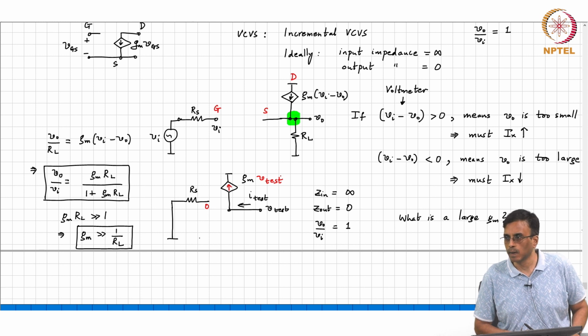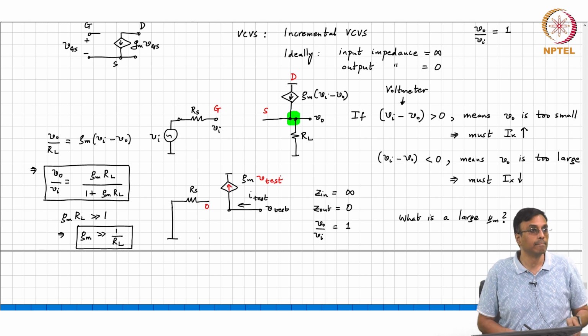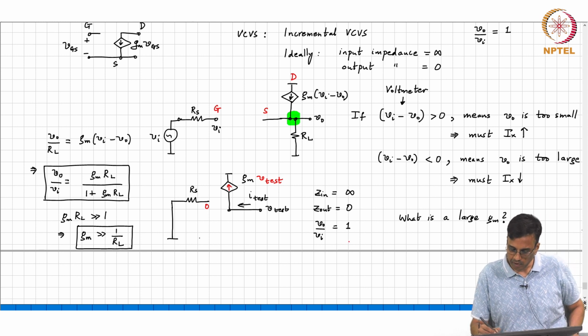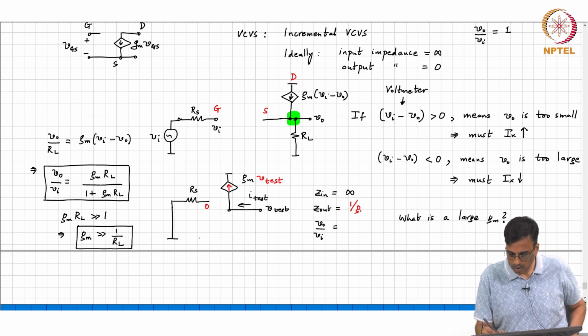So, our output resistance is therefore 1 over GM, and this is GM RL over 1 plus GM RL.